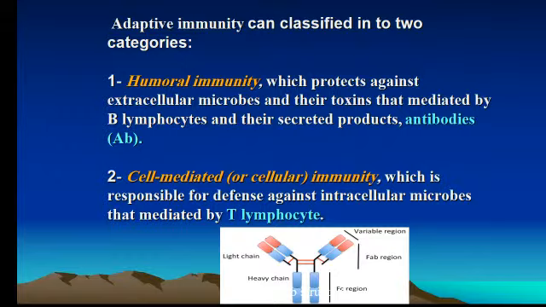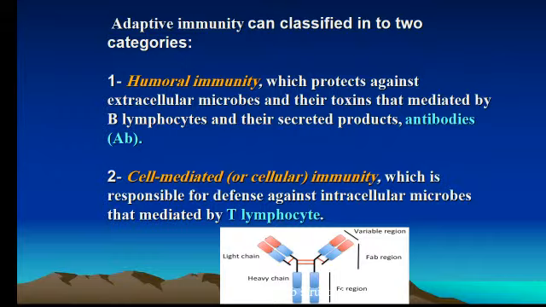So the main difference between humoral and cell-mediated immunity is that humoral immunity protects the body from extracellular microbes, while the other type of adaptive immunity, called cellular or cell-mediated immunity, is the response against intracellular microbes. Extracellular is from humoral immunity, intracellular is from cell-mediated immunity.